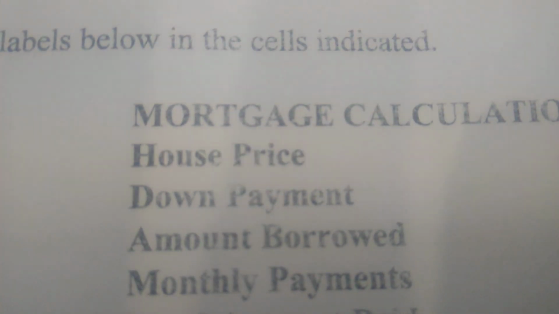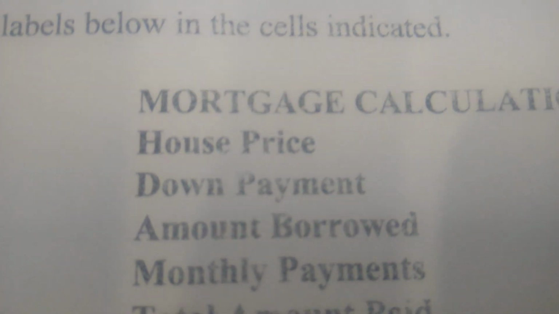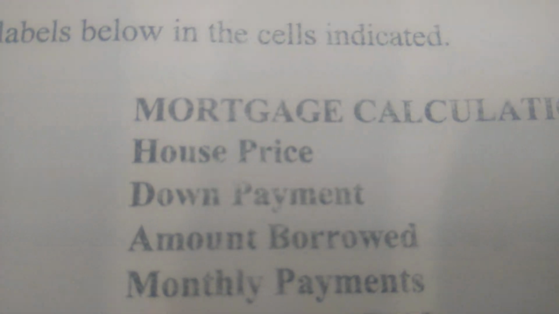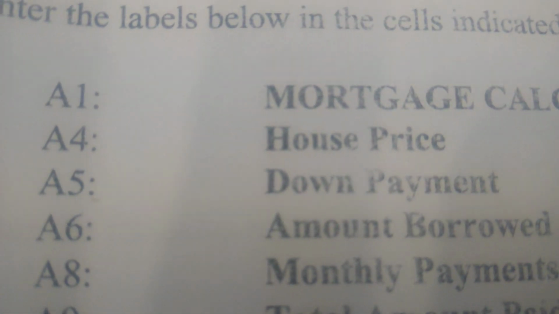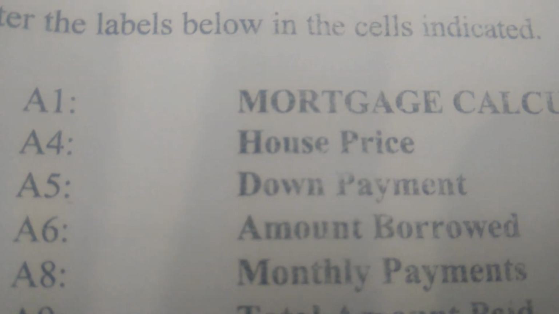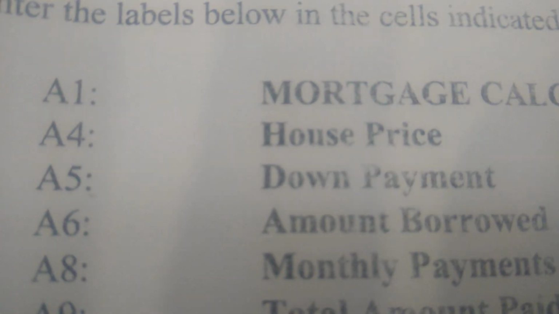This is the second label in the A4 cell. These are all the labels of the columns on the top. Then the first row and first column contains mortgage calculation table, and the fourth row will contain the label house price.